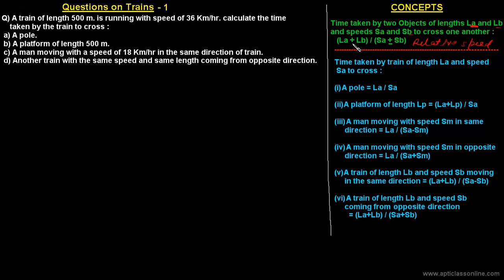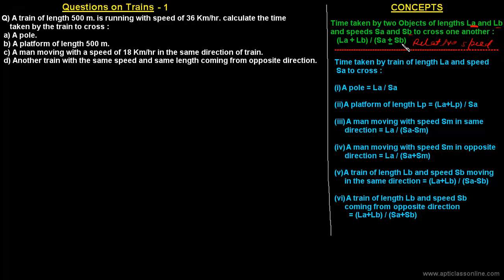So in the numerator, as we know, time is equal to distance by speed. So distance here is the length of the two objects combined, LA plus LB, distance over speed, and the speed in this case will be the relative speed.